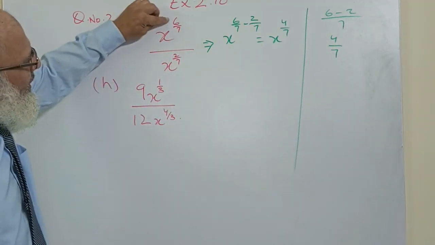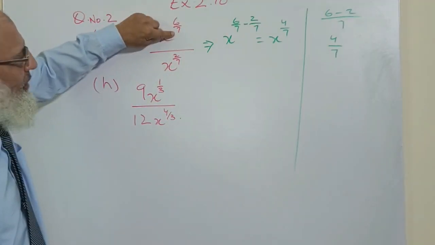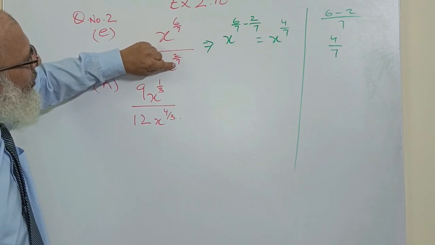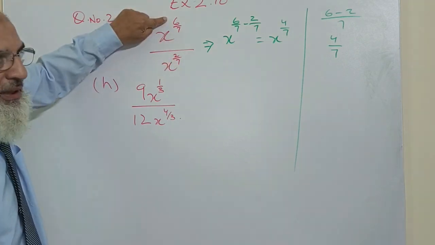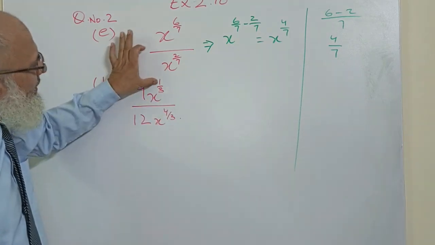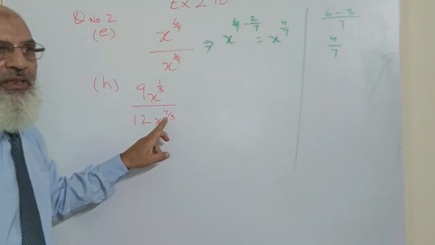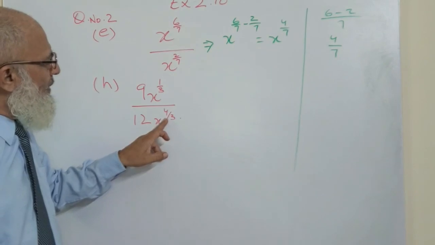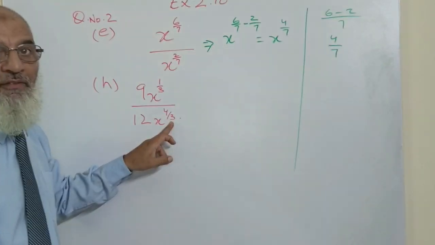Now this is 2 parts out of 7. This was lesser and this was greater. Now you can see here that this is lesser and this is greater, because there are 4 parts out of 3. In fact, it is more than 3.